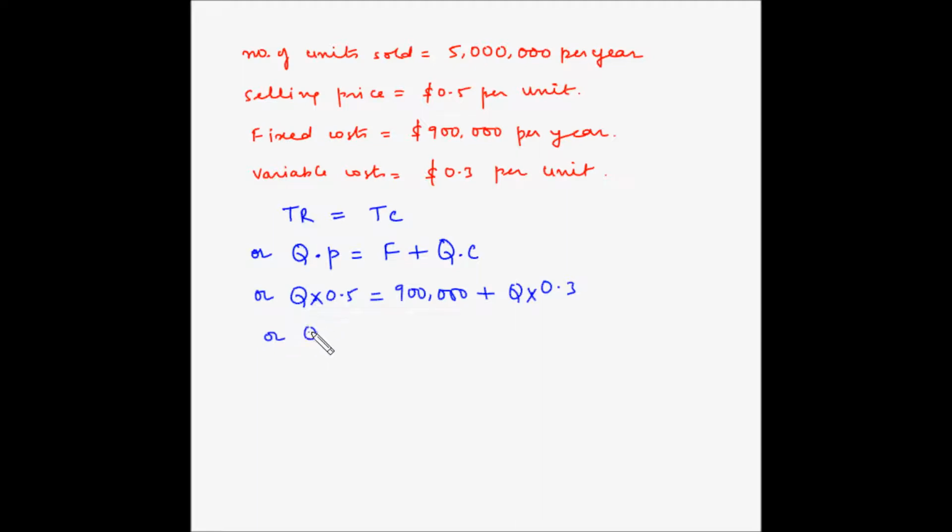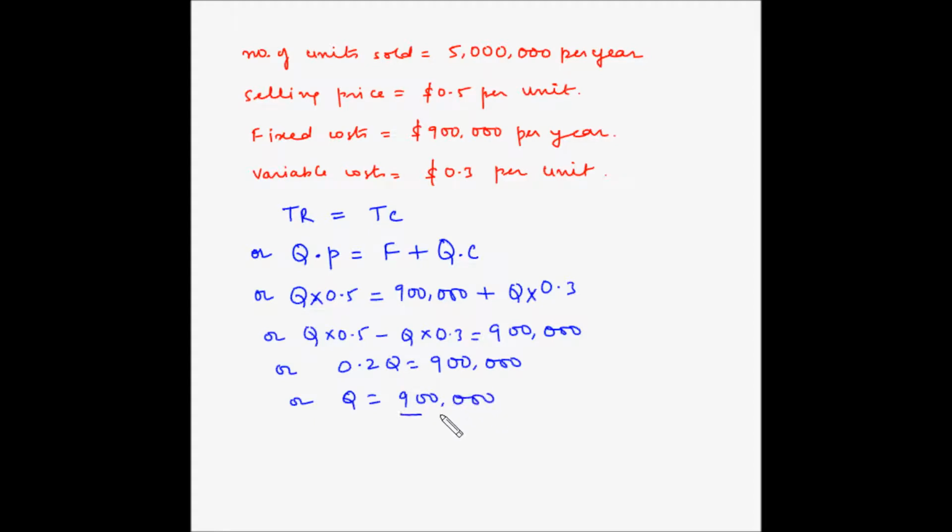So Q multiplied by 0.5 minus Q multiplied by 0.3 is equal to 900,000, or 0.2 Q is equal to 900,000, or Q is equal to 900,000 divided by 0.2, which is equal to 4.5 million units.